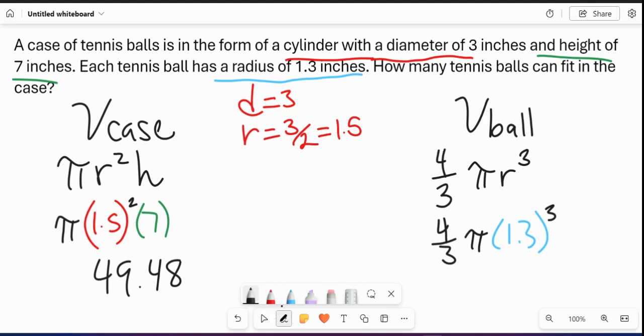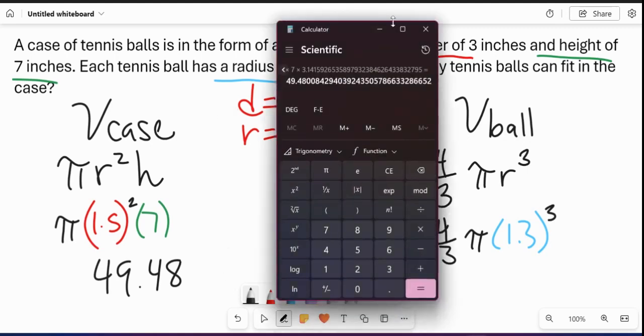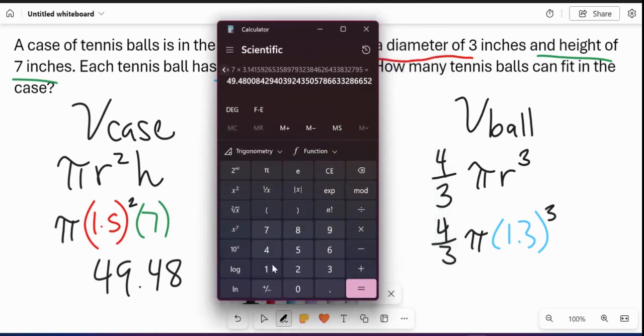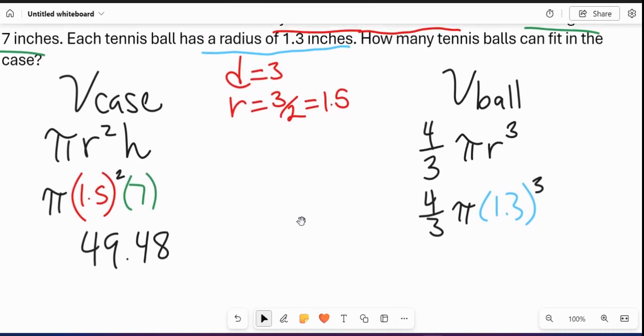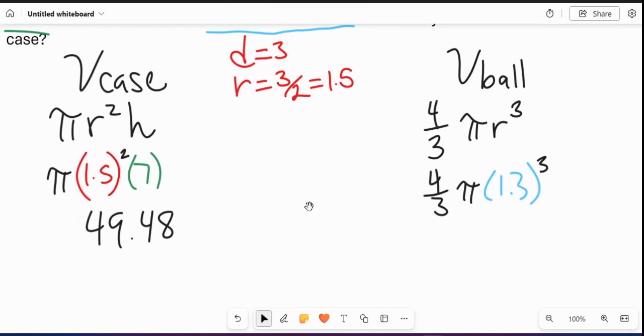Back to our calculator. 1.3 to the 3rd power times 4 divided by 3 times pi is 9.202. So I'm going to say this is 9.20.